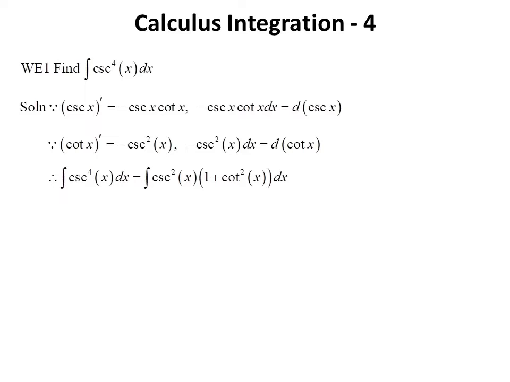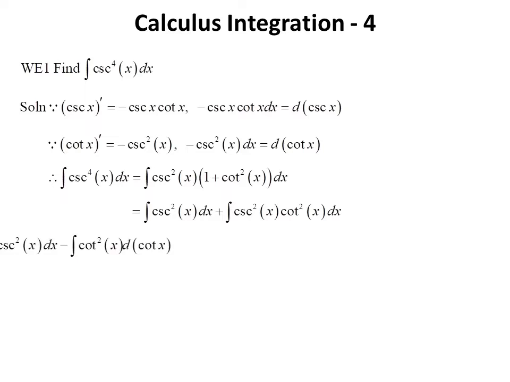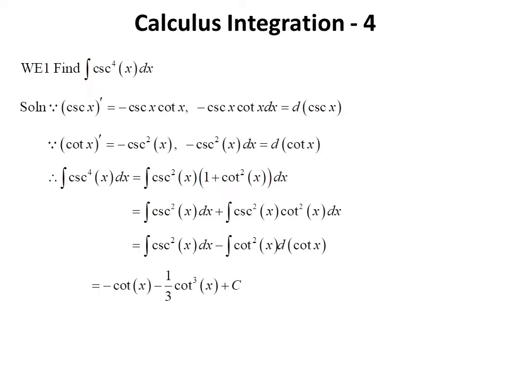which can be simplified to the integral of cosec squared of x dx plus the integral of cosec squared of x times cotangent squared of x dx, which is transformed to the integral of cosec squared of x dx minus the integral of cotangent squared of x d cotangent x, which equals negative cotangent x minus 1/3 times cotangent cubed of x plus c.